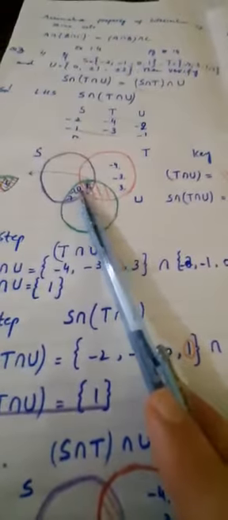For coloring, we can see that for the first step, T intersection U, we have colored with orange shade, and it is showing only one element which is common, and you can see here also.